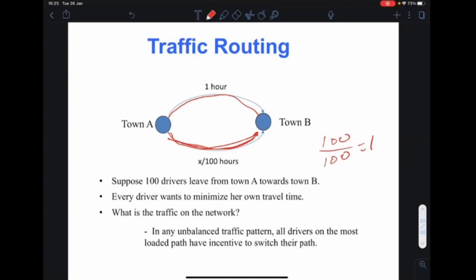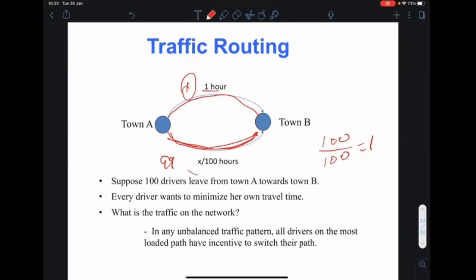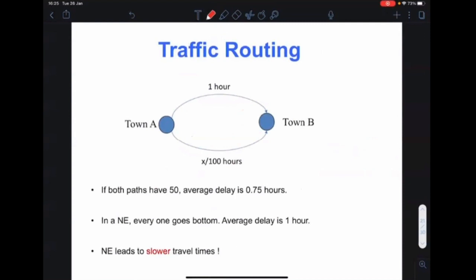If the number of drivers is smaller than that, for example 99, then the one remaining guy would obviously want to deviate from that choice, because the delay here is smaller than 1 hour, so they will go back to the other route. So in the equilibrium you will always have this unbalanced traffic pattern.